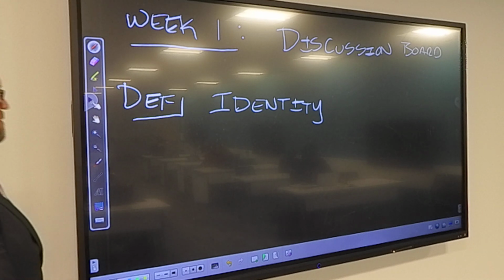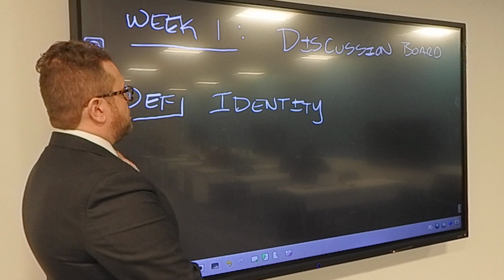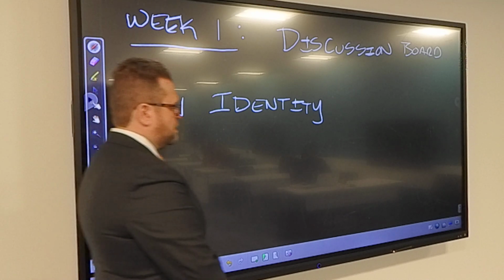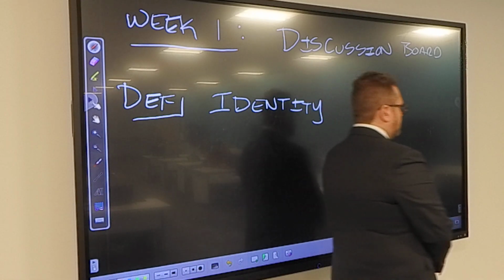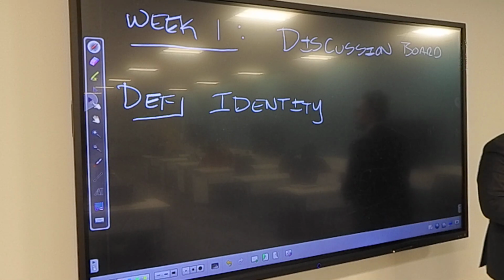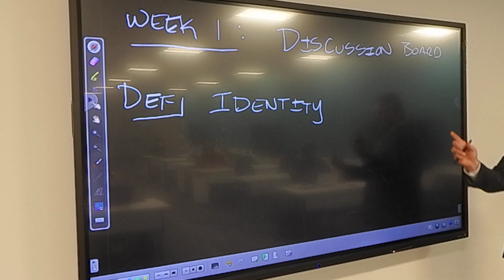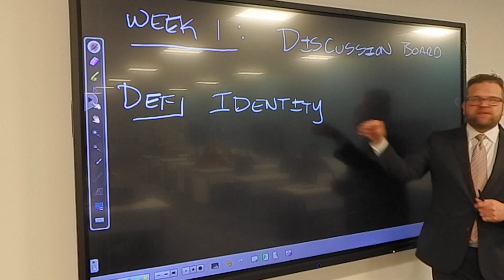An identity. In algebra, an identity is a number such that if I use an algebraic operation, like let's say I'm adding, and take this identity and add it to whatever number, it comes out identical.